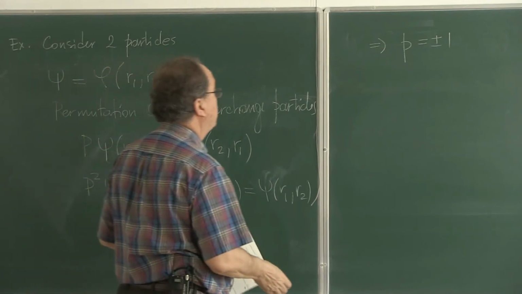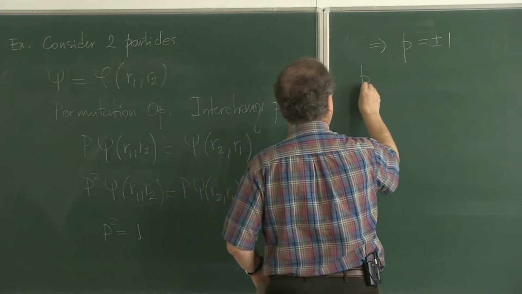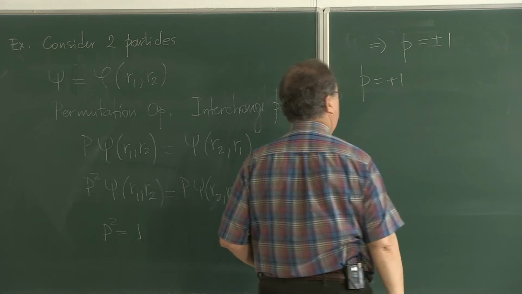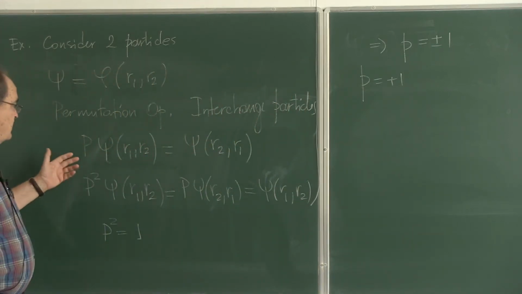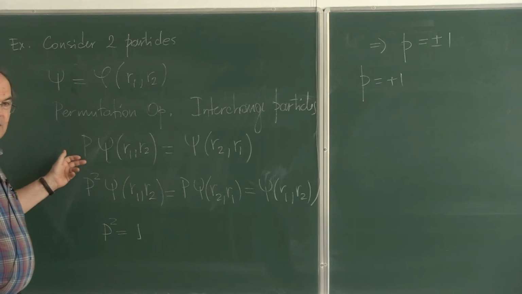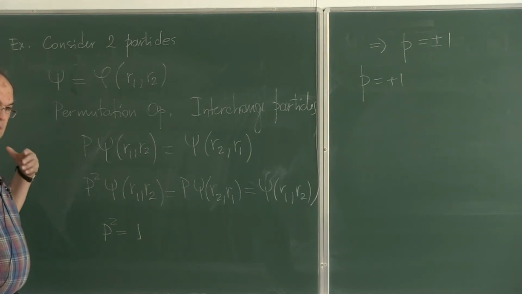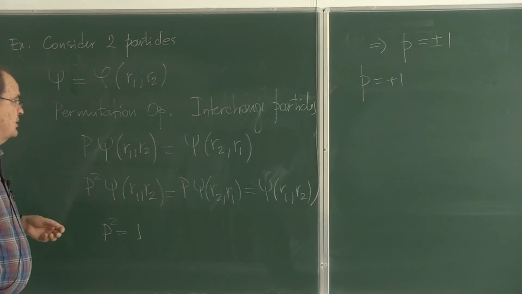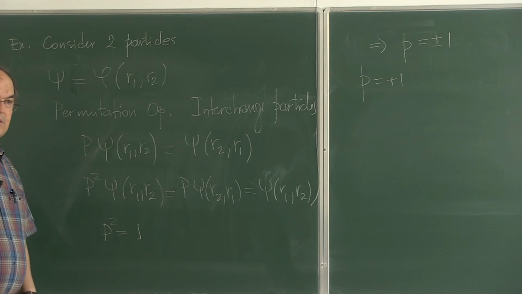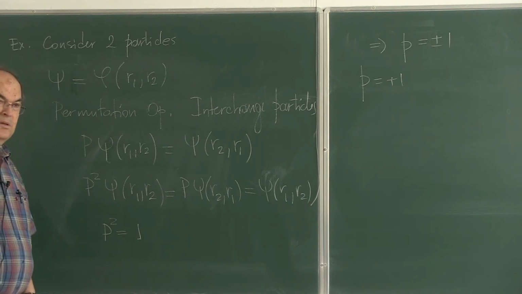If p is plus 1, this means when you operate with an interchange, the permutation operator, interchanging the particles, you get back the same wave function, isn't it?